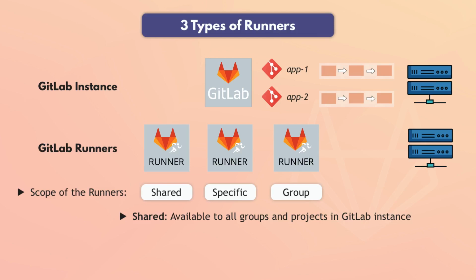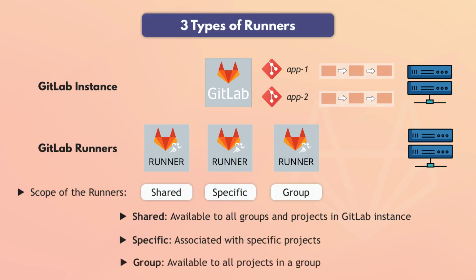In addition to those, we have a specific runner for one or more specific projects, or a group runner for a GitLab group, which can be shared by all the projects and repositories in that group. And for a self-managed GitLab installation, we have to, of course, manage the shared runners ourselves too.